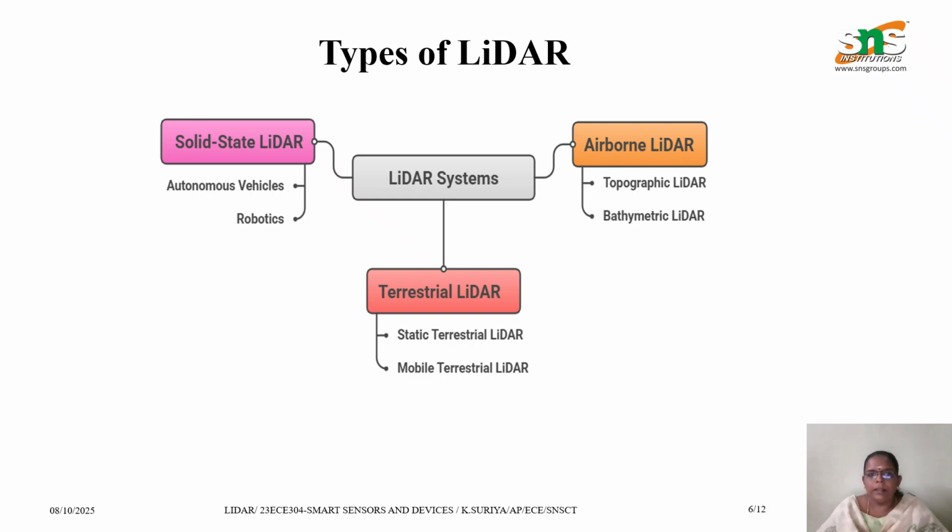And the last type is the solid state LiDAR, where it uses electronic beam steering instead of mechanical components, making them more compact, robust, and cost effective. These are increasingly used in autonomous vehicles and robotics.